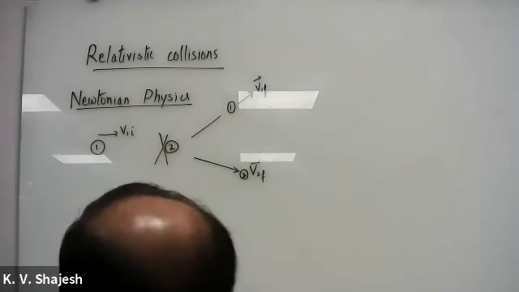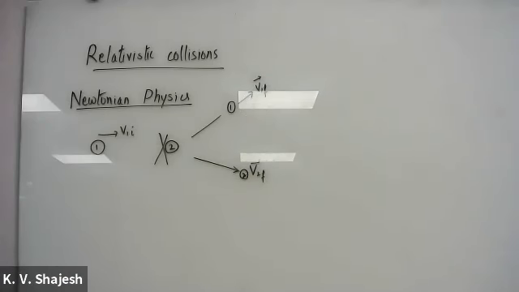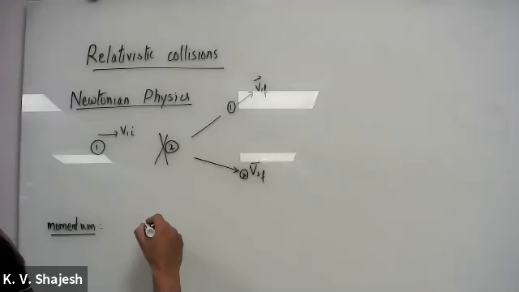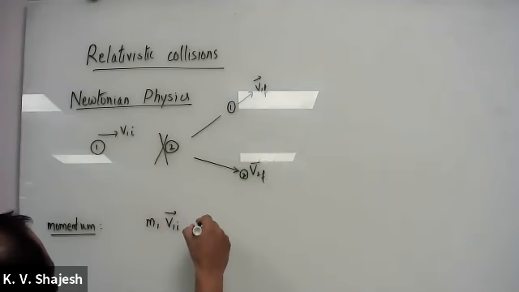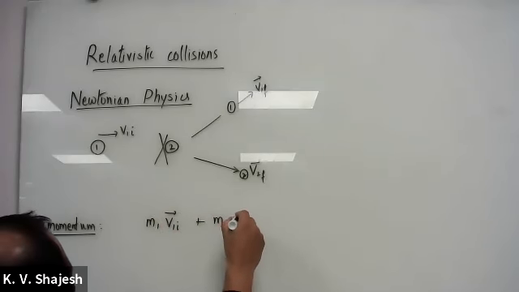If it's an elastic collision, there are two conservation principles. One is that momentum is conserved, and that tells us that P1, so that's m1 v1 initial plus m2 v2 initial.